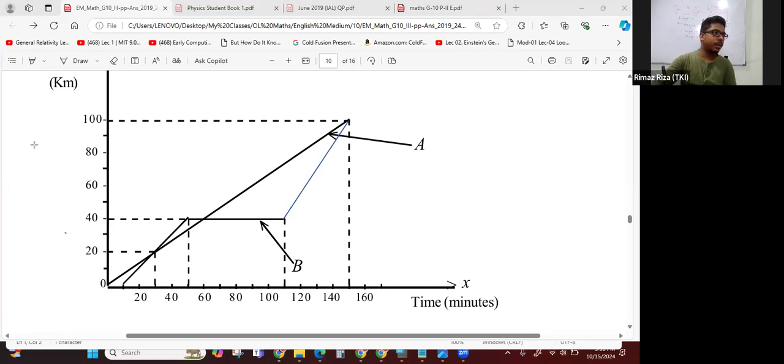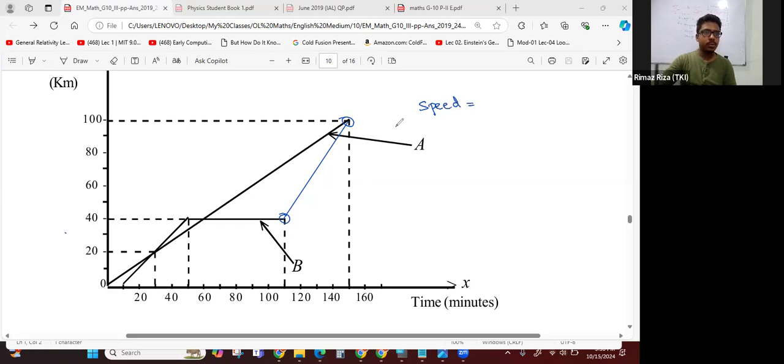So you can see here that both A and B reach 100 kilometers at the same moment. So now you want to find the speed that B has to travel. What you have to do is draw this line and then find its gradient. So you have to take this point and this point. The gradient is the speed.